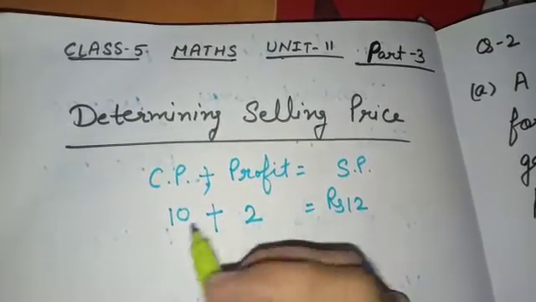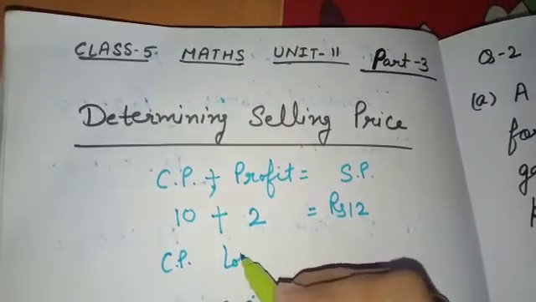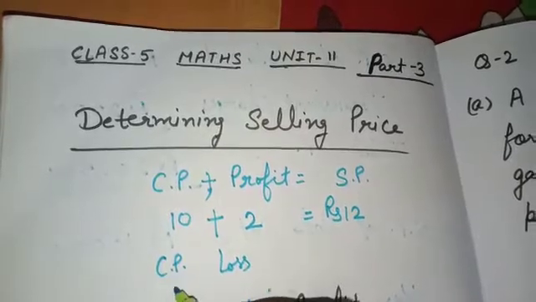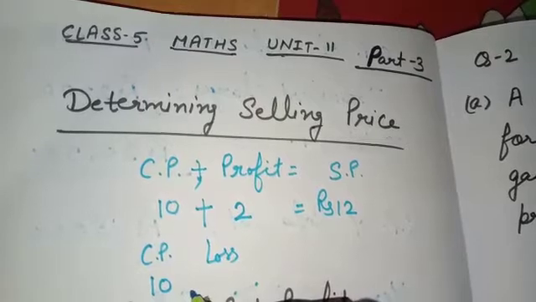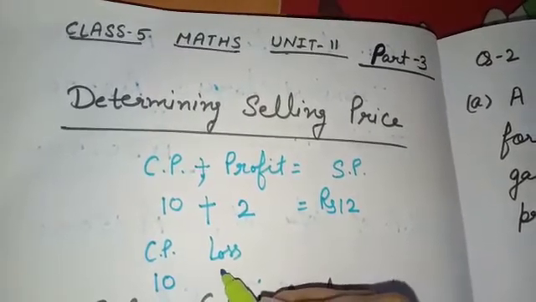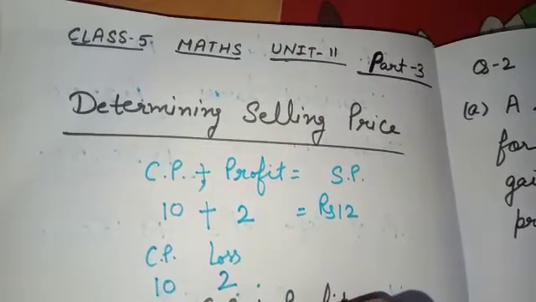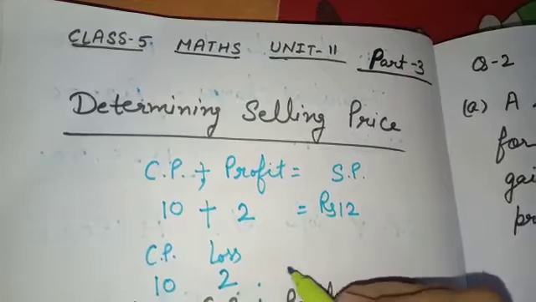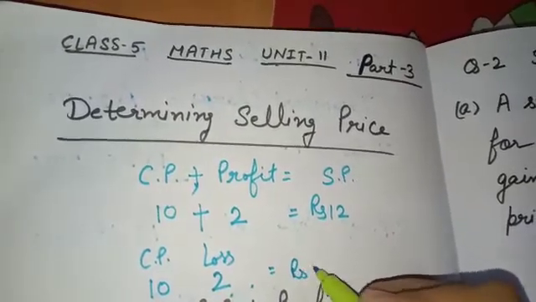In the same way, if in another case we are given cost price with loss, let's take a similar example. Suppose you purchase a pen for rupees 10 and sold it to your friend at a loss of 2 rupees. Purchased for 10, sold at a loss of rupees 2, then you have sold it for rupees 8.